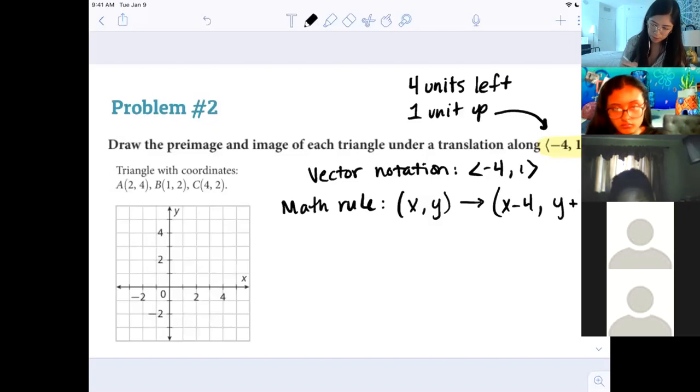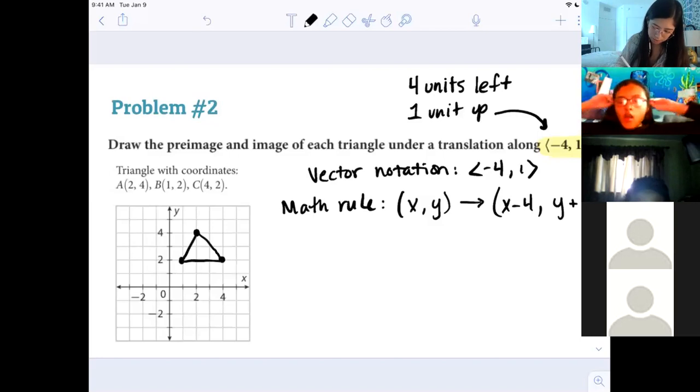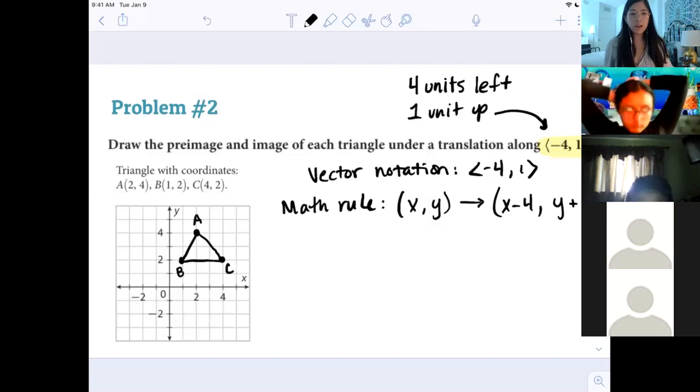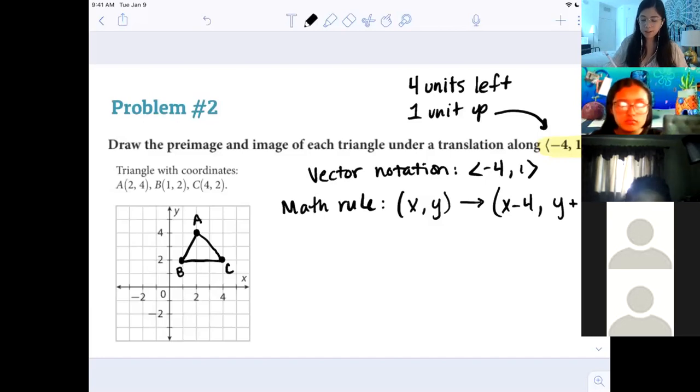So first I'm going to plot the points of my pre-image, 2, comma 4, 1, comma 2, 4, comma 2. This is A, this is B, and this is C. Now, instead of doing this with the coordinate points the way they did it before with that chart, I'm going to use my eyes.